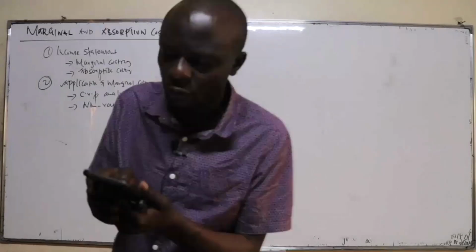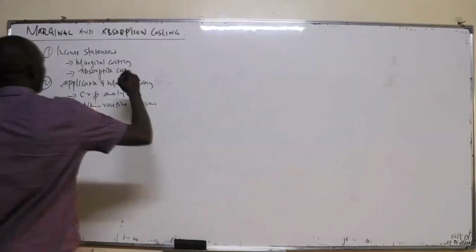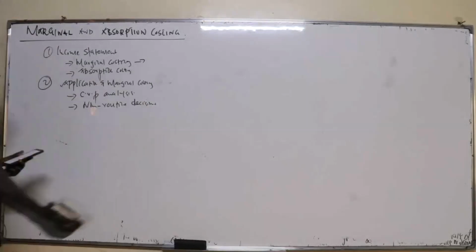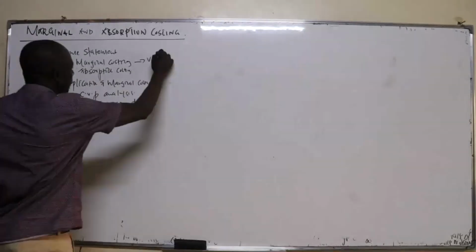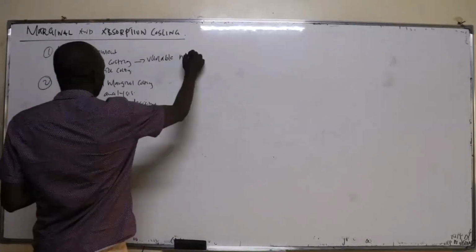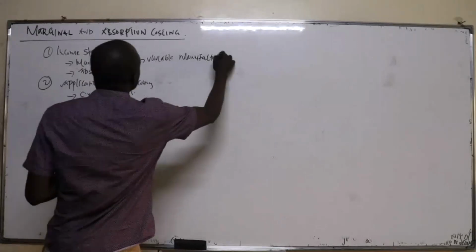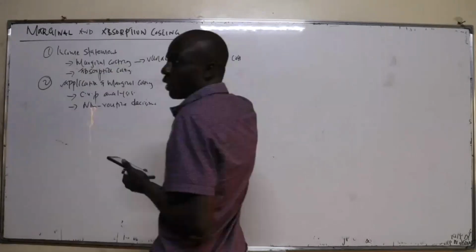So the key features of marginal costing: it only considers variable manufacturing cost to be the production cost. It excludes the fixed cost.